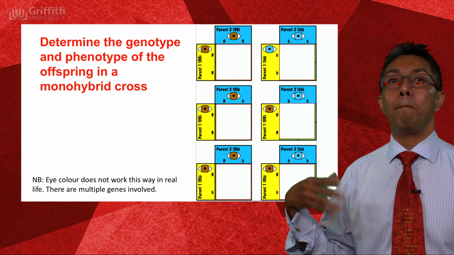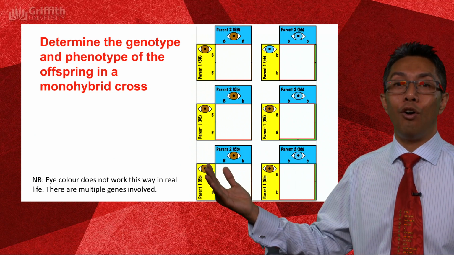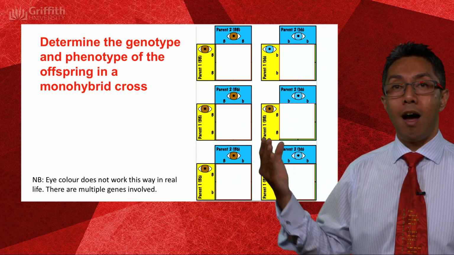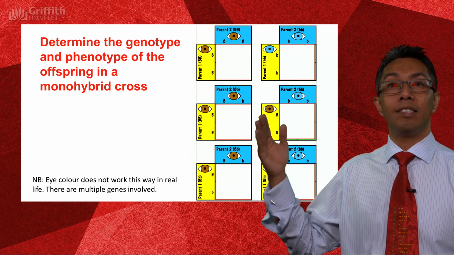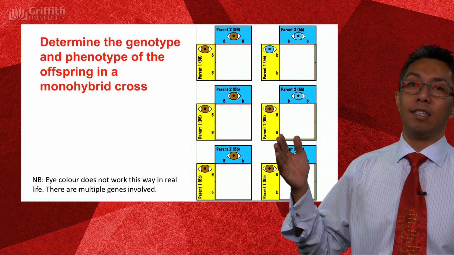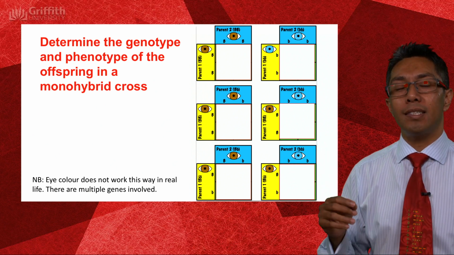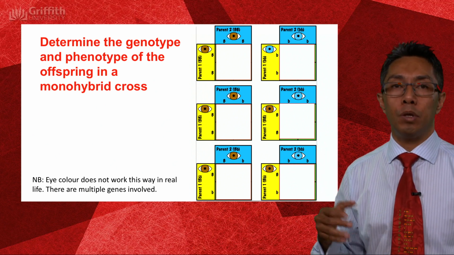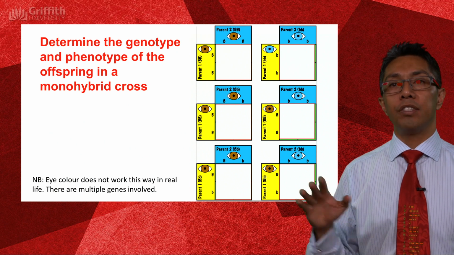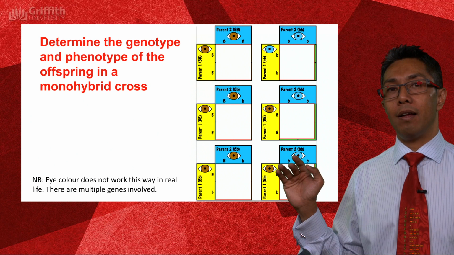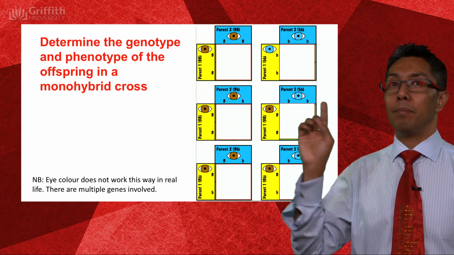And secondly, there are a variety of different eye colours, not just brown eyes and blue eyes. There's hazel, green, grey, and a whole variety in between. I think something like 8 genes are responsible for eye colour. So when you use eye colour in your class, don't talk about this being true in humans, because it's not.